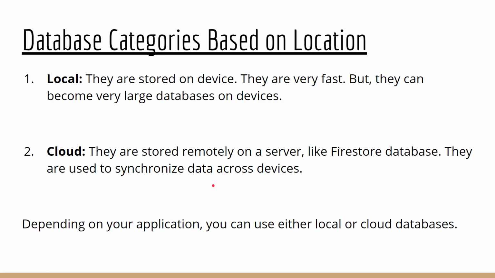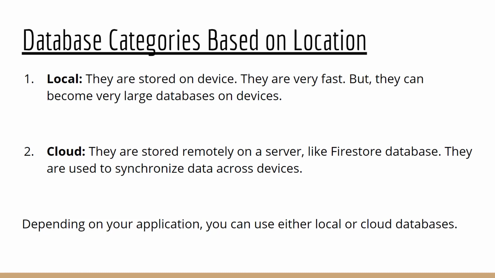We can also categorize databases based on their location. If the database is local, they are stored on device and they are very fast, but they can become very large databases on devices. We also have cloud databases, which are stored remotely on a server like Firestore database.